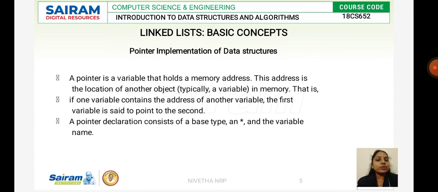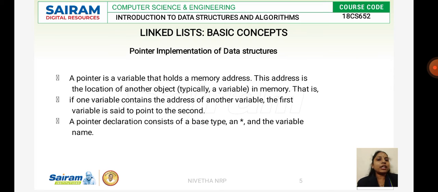So we use a pointer to address the location of an element. Now instead of indexing in the array, we use the pointer to represent the address of an element. That is pointer implementation of a data structure, and we call this linked list implementation.